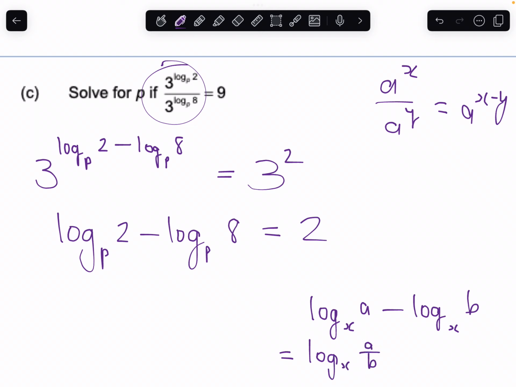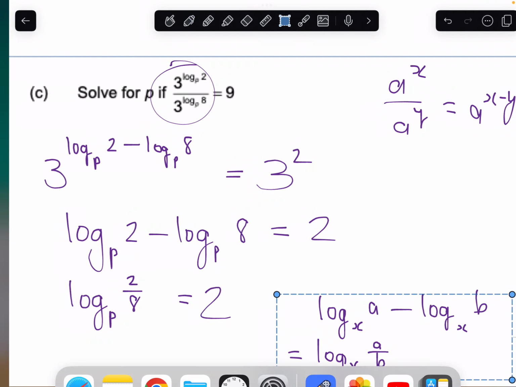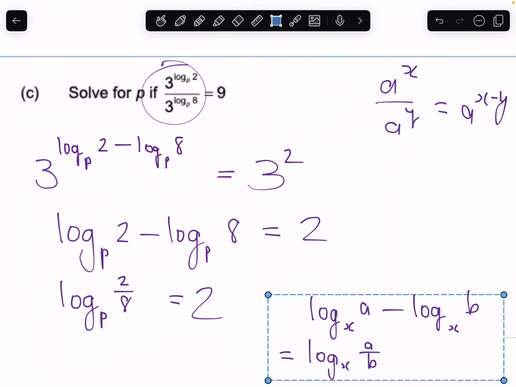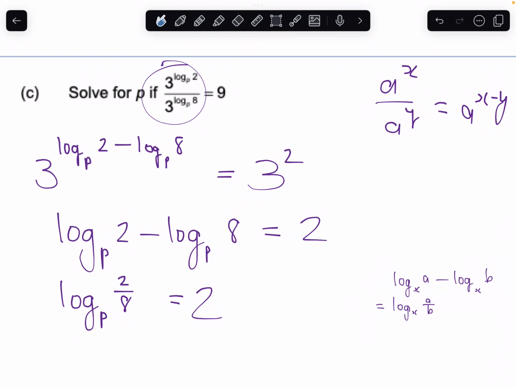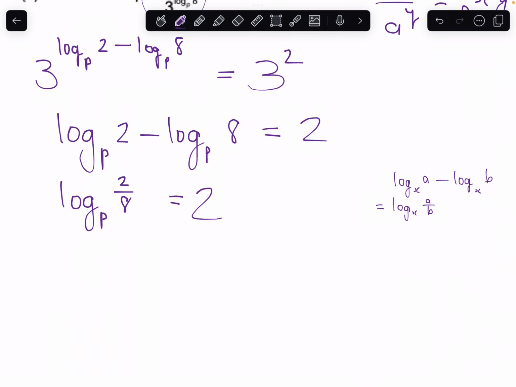Because we're working with the same base, we can rewrite this as log base p of 2 over 8 is equal to 2. Okay, we have log base p of a quarter is equal to 2.